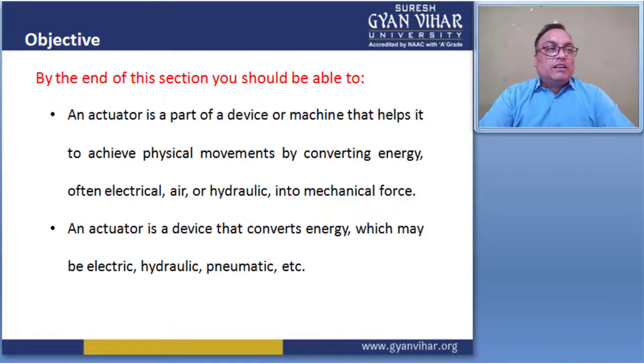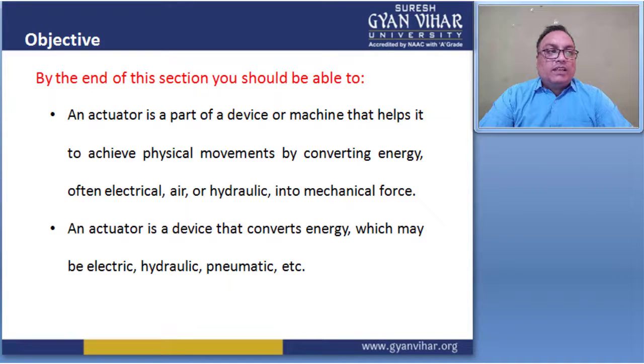These are the objective functions performed by this hydraulic actuator, and by the end of this section you should be able to understand actuator working and its functions. Some points are given here.